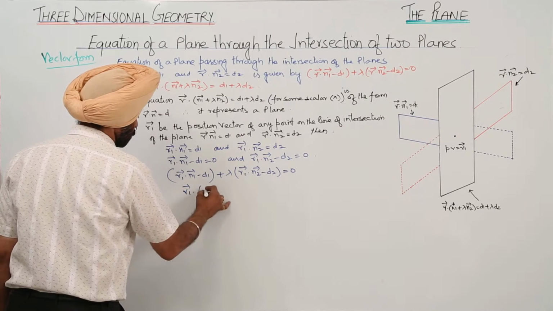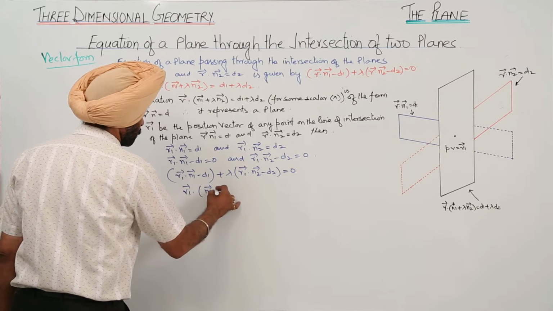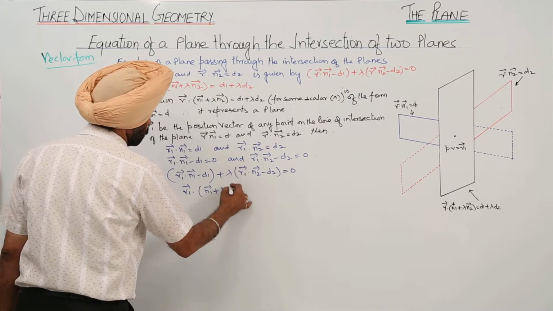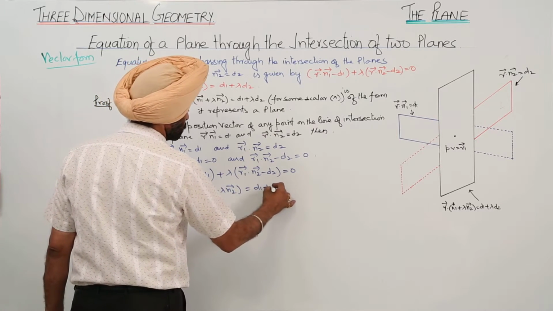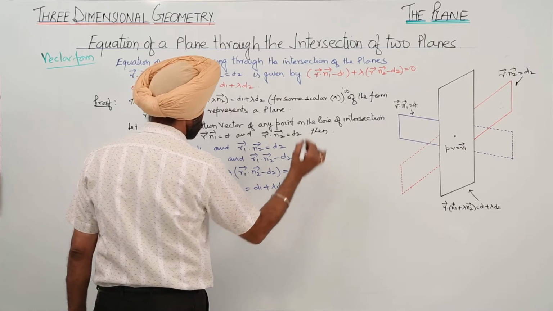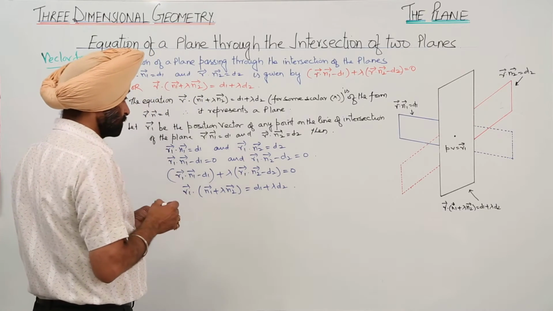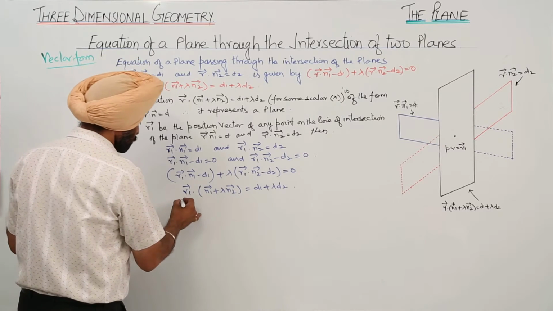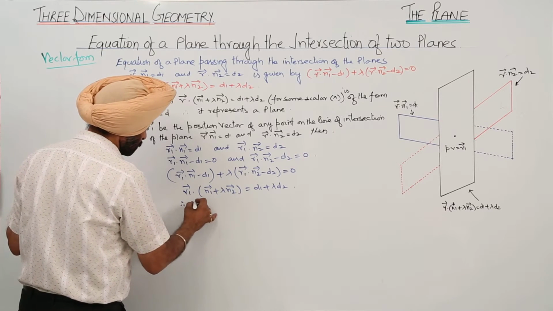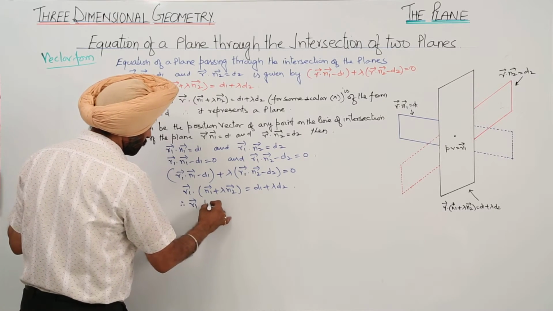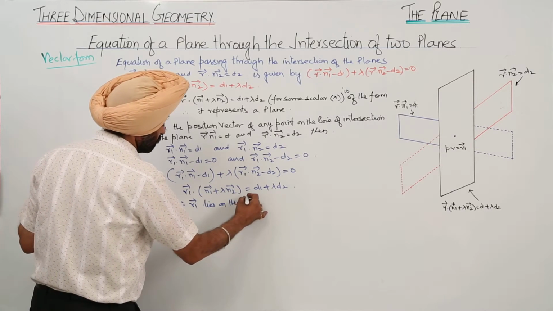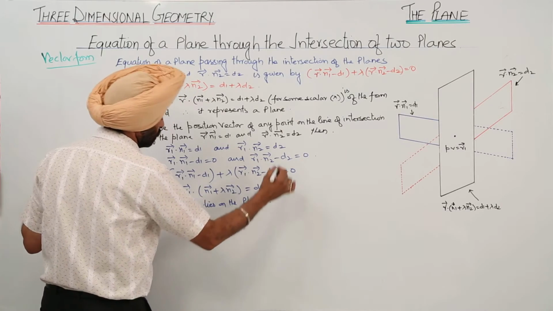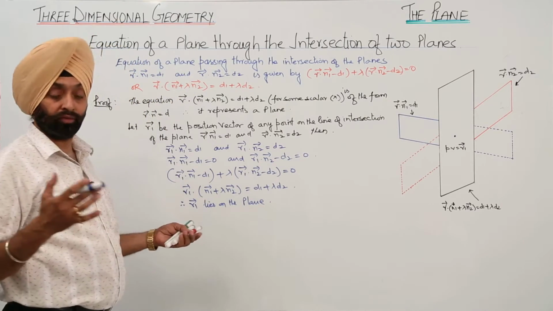Vector r1 dot vector n1 plus lambda vector n2 is equal to d1 plus lambda d2. Therefore vector r1 lies on the plane. Now, this was what we had to prove.